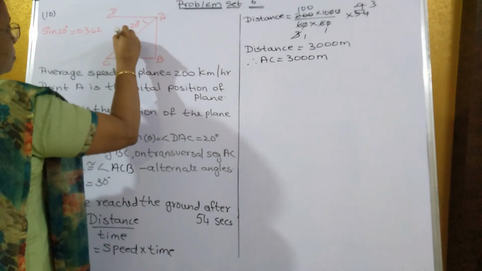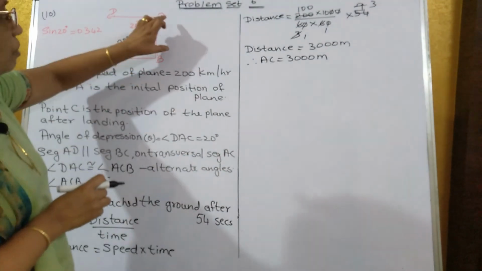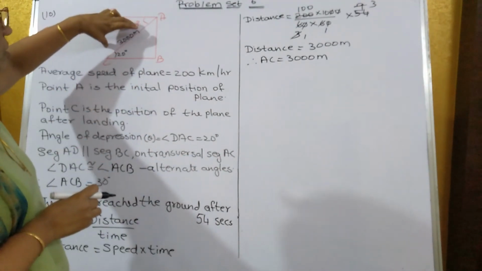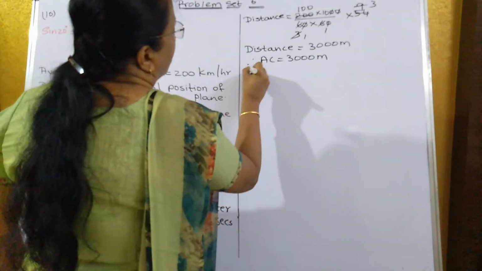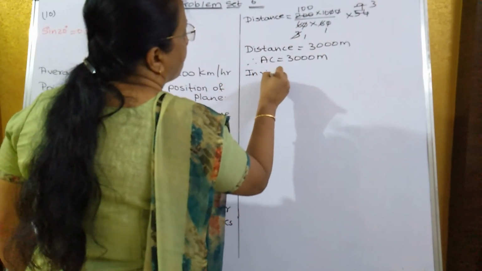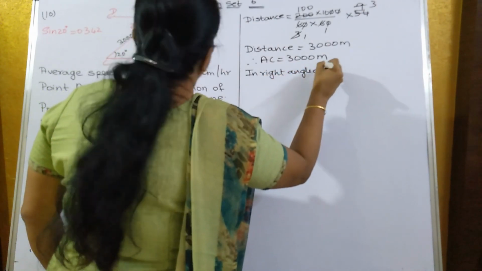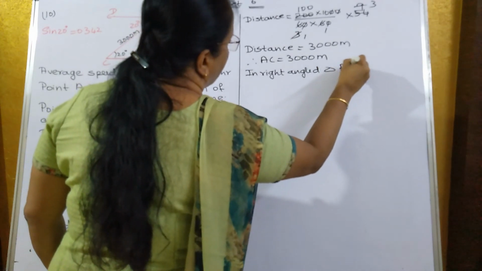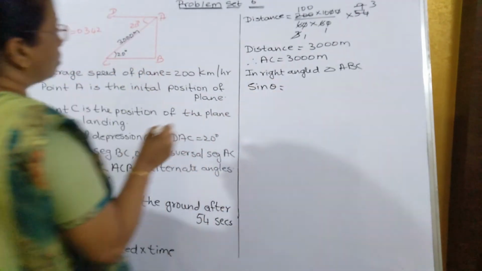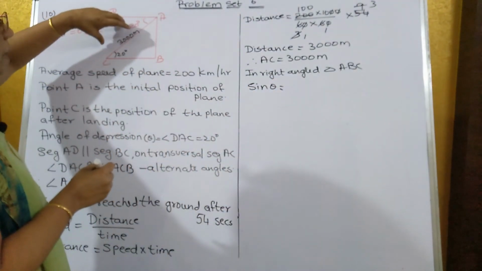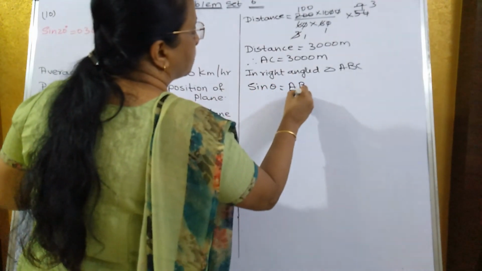AC is equal to 3000 meters. Now we can find AB. We have to find the opposite side and the hypotenuse is given, so we will use sine theta. In right-angled triangle ABC, sine theta is equal to opposite side AB upon hypotenuse AC.